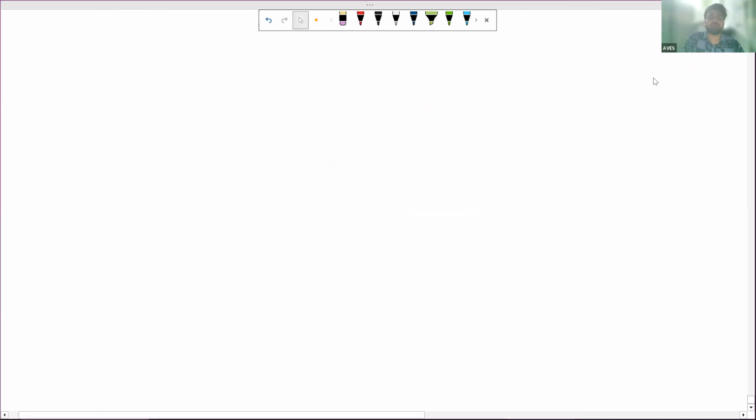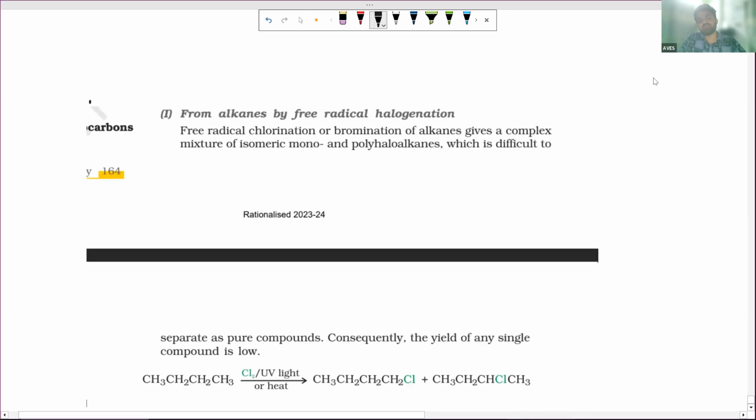Okay. Next, we can do this from the free radical mechanism. What is free radical mechanism?